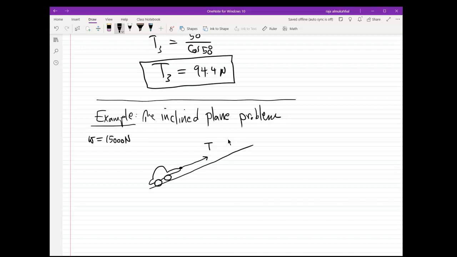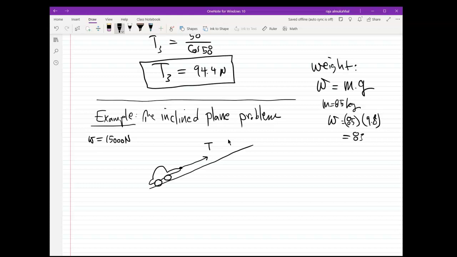Now what is the weight? Let me just back up here a little bit. Weight is basically W equal to the mass times G, G being 9.8. For example, if my mass is 85 kilogram, then my weight would be 85 times 9.8, and when I do that, that's equal to 833 Newton.